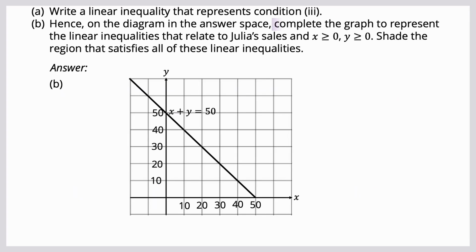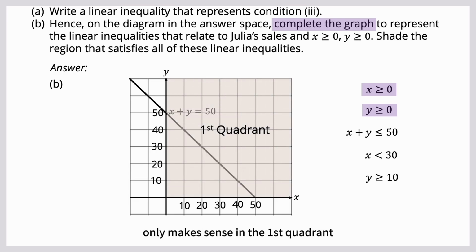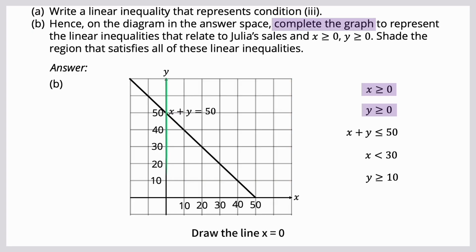B. Complete the graph. We now have all the inequalities. Since x is greater than or equal to 0, and y is greater than or equal to 0, it implies that the graph only makes sense in the first quadrant. Draw the line x equals 0.